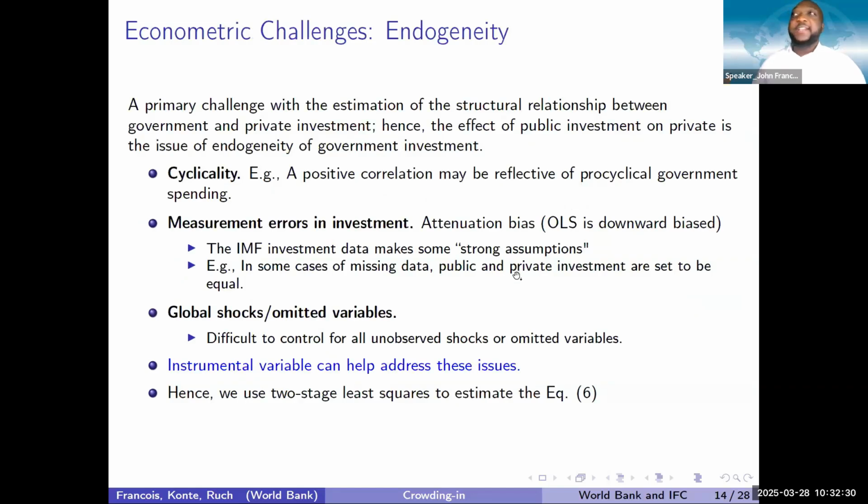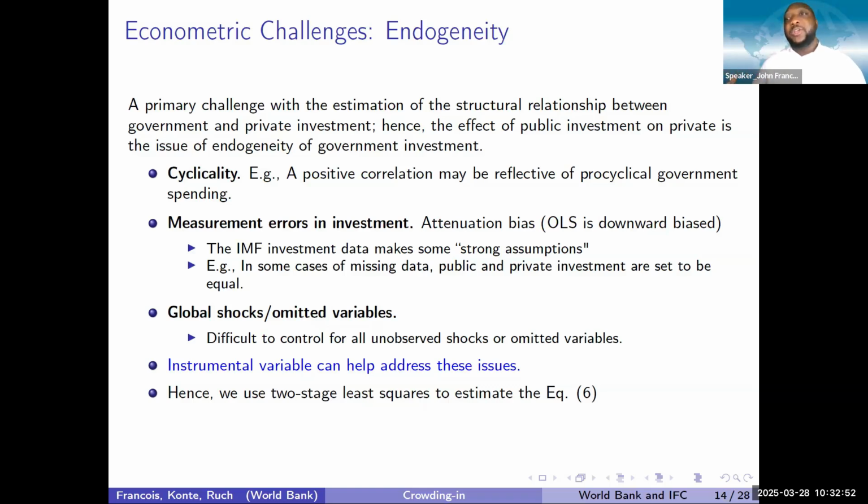So we face a lot of econometric challenges, the standard ones related to endogeneity, amongst other things. Endogeneity can arise because of many factors, including global shocks, omitted variable bias, or the cyclicality of public investment itself. Another, and perhaps one of the more important issues, is measurement error in investment.